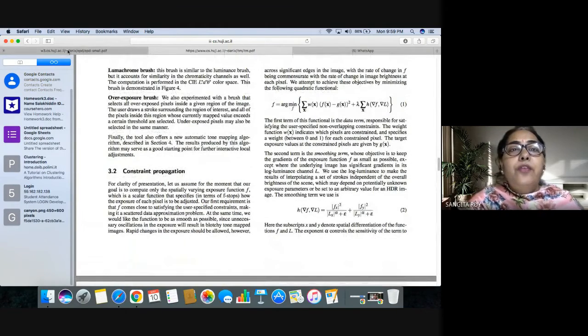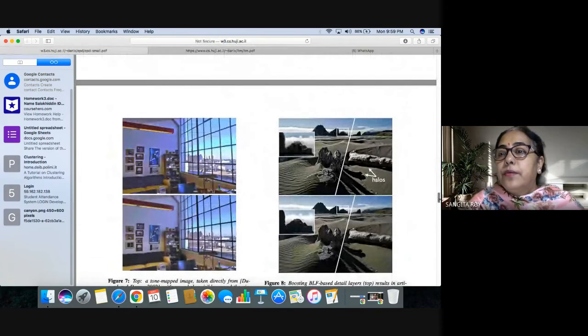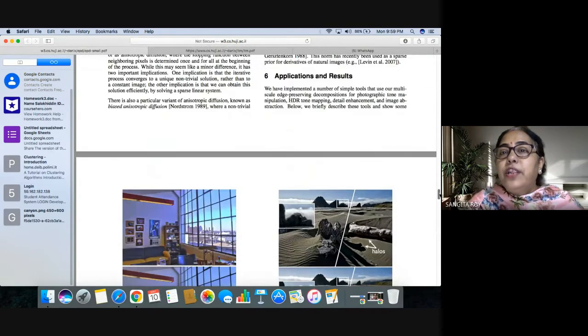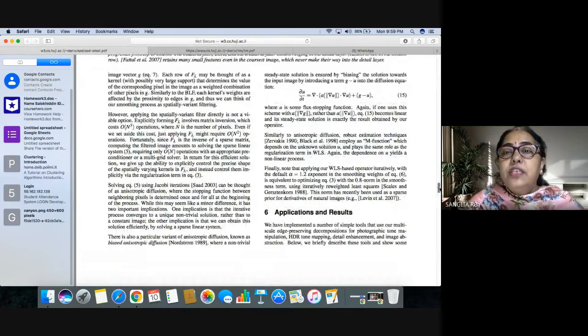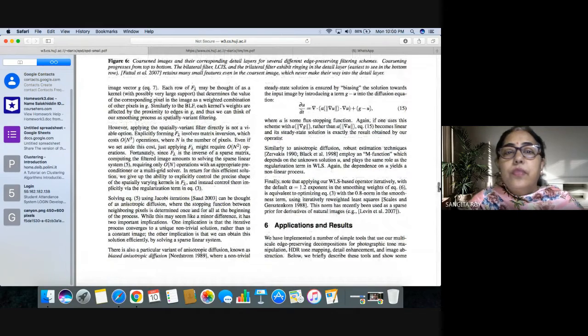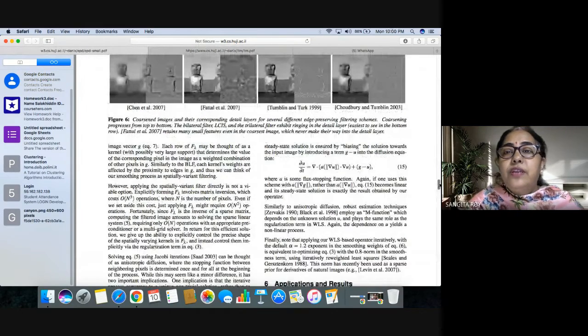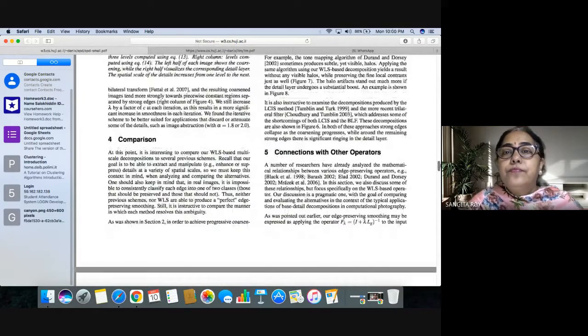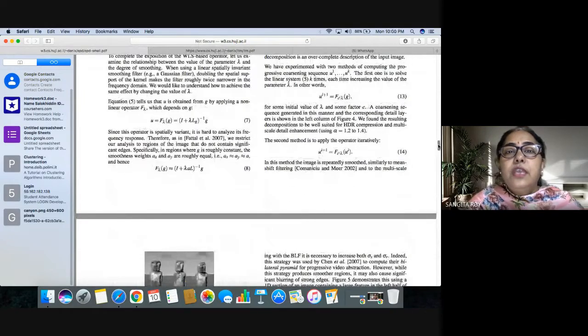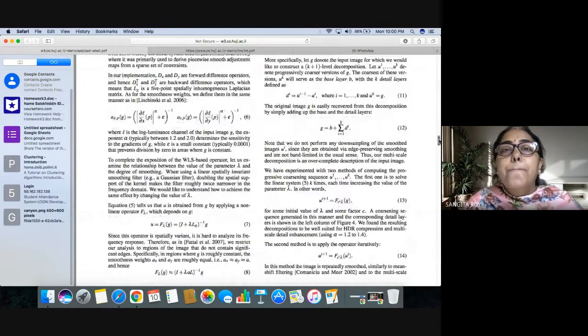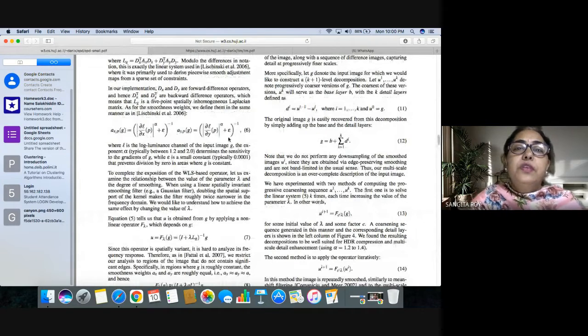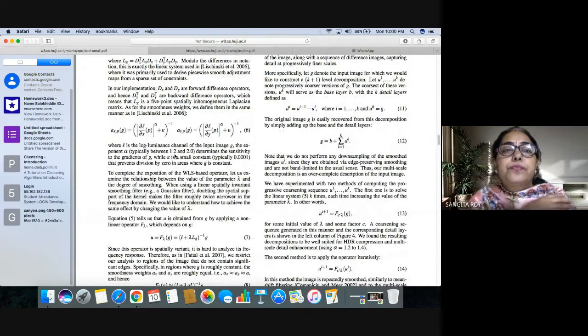So we will go back again to this exponent alpha, and how it is used over there. We will discuss from here again. See here, equation 6.